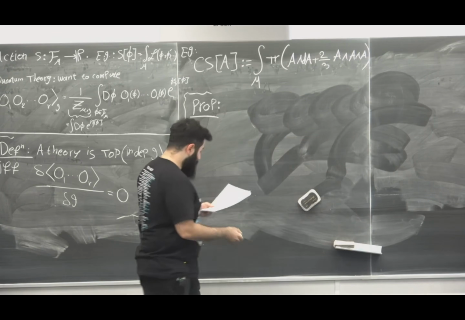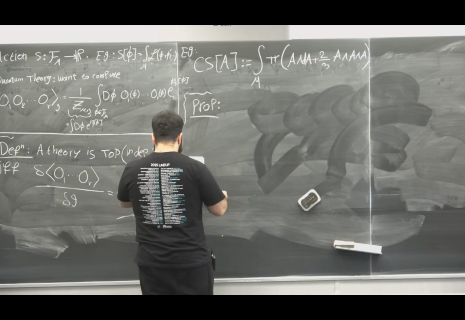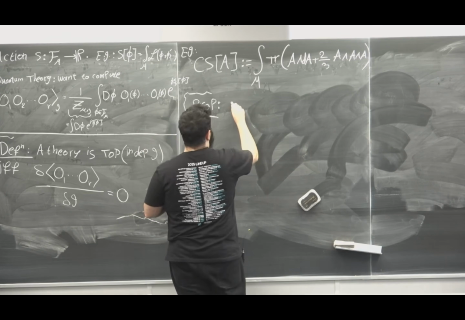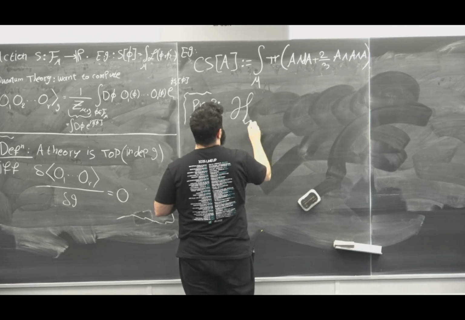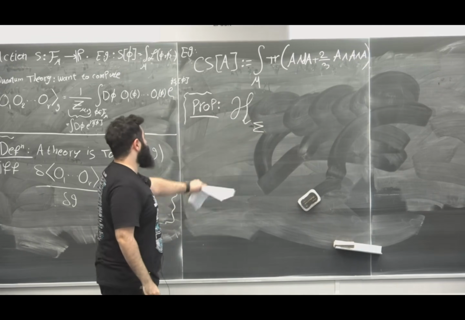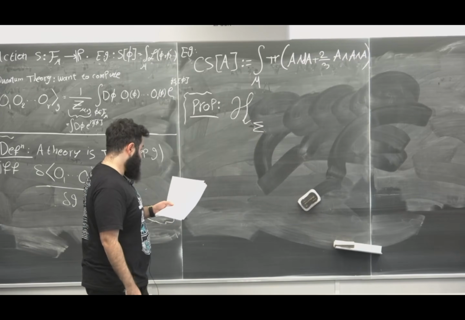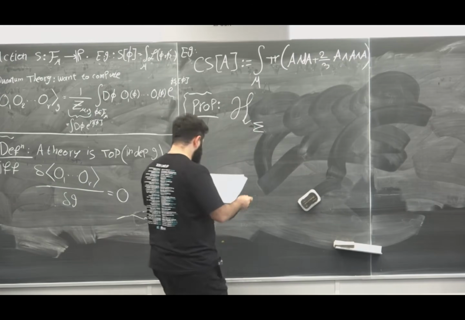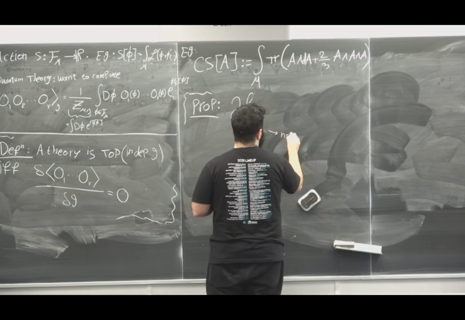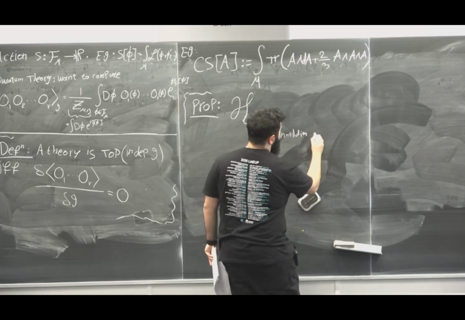Okay, so here's a proposition. I'm going to talk about the Hilbert space associated to some sigma. Now, this isn't necessarily a Riemann surface, but what it is usually is an n-1 dimensional submanifold, right?